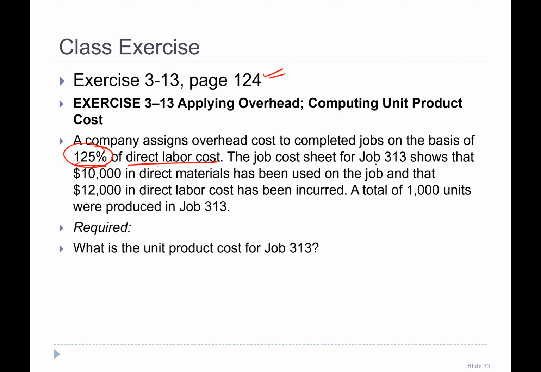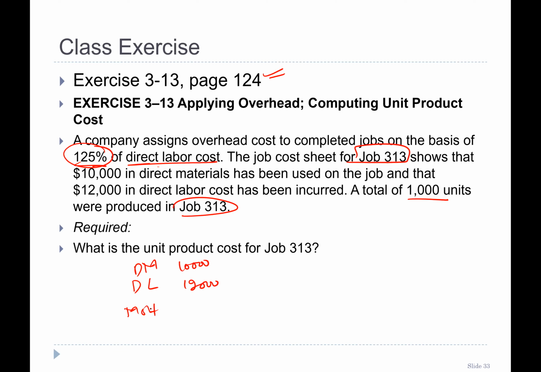So the job cost sheet for job number 313 shows that 10,000 direct material has been used on the job and that 12,000 in direct labor cost has been incurred, and a total of 1,000 units were produced in job 313. So we know that the direct material is equal to 10,000. Direct labor is 12,000.